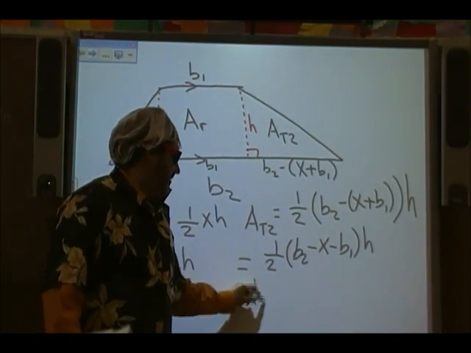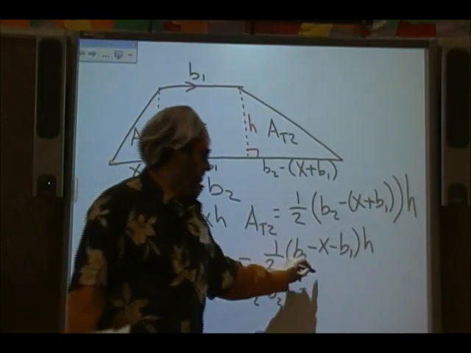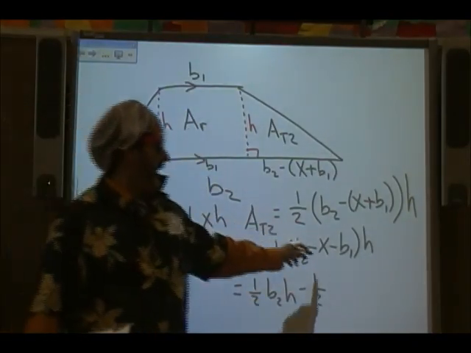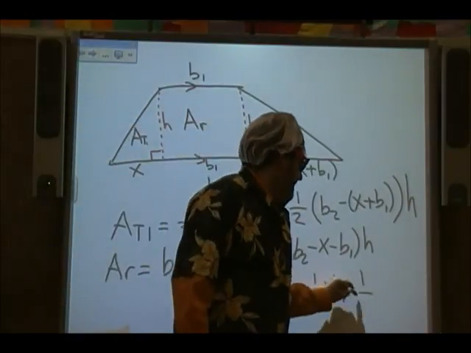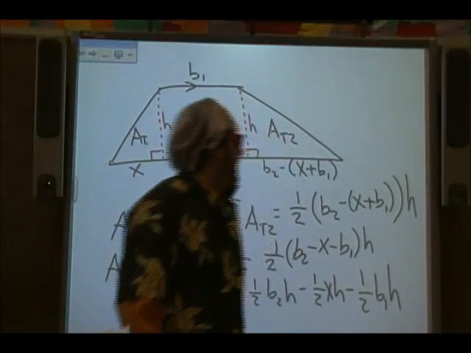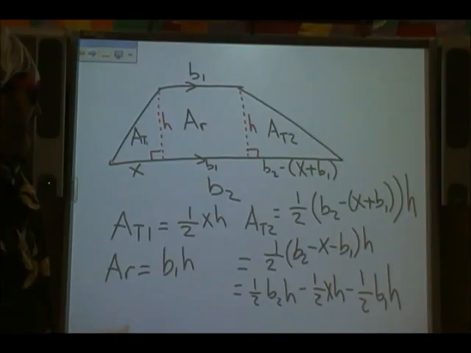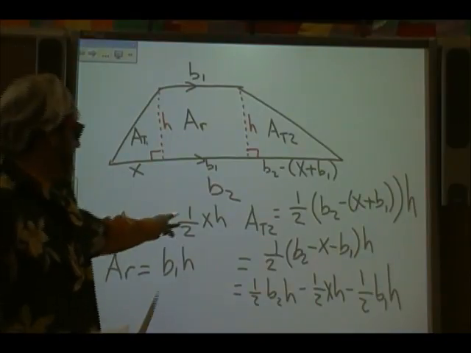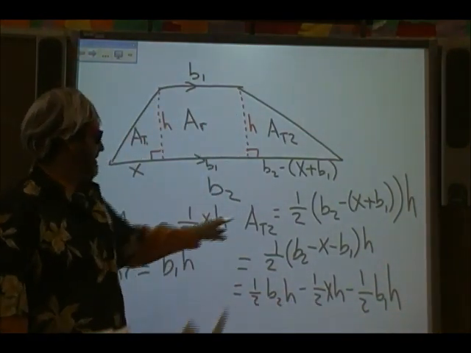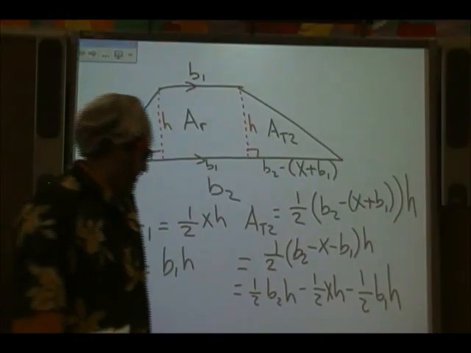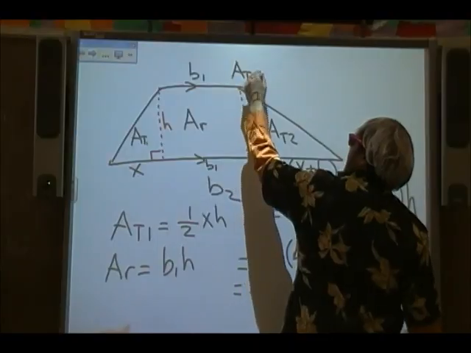I have 1/2 B2 with the height minus 1/2 X with the height minus 1/2 B1 with the height. This is all. Now, all I have to do is add all these together. This one, and that one. Okay. So this is going to be our area of the trapezoid.